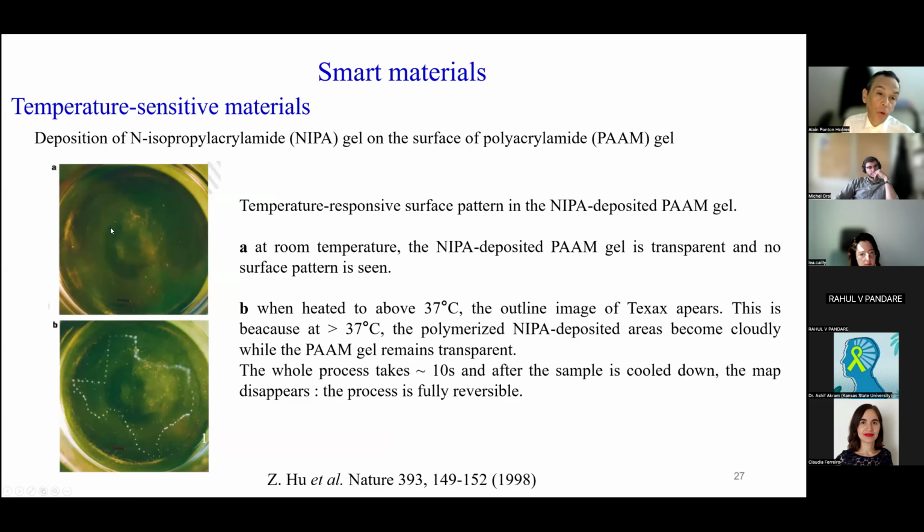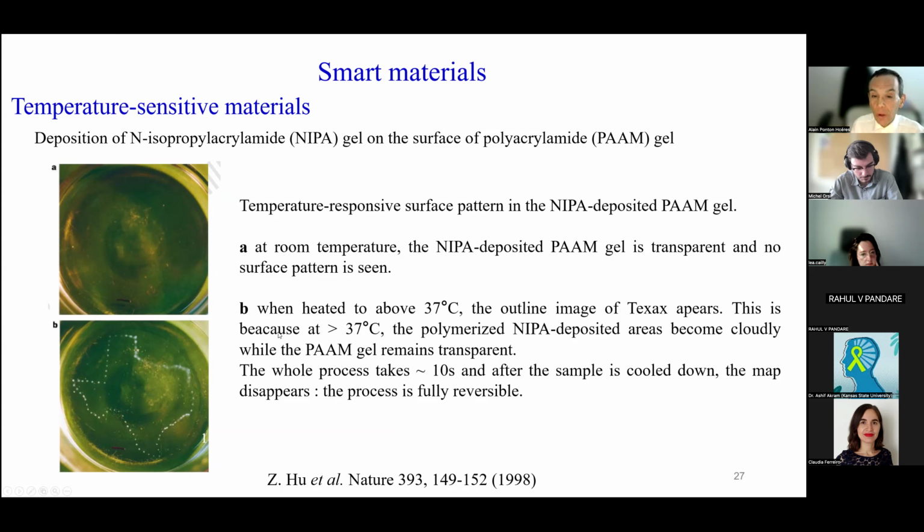And here is also another example of, in this case, temperature-sensitive materials. So here you have a thermosensitive polymer, and on the surface of this first thermosensitive polymer, you place a second polymer, which is also thermosensitive. And you can see here on the first image at room temperature, the second deposited gel is transparent.